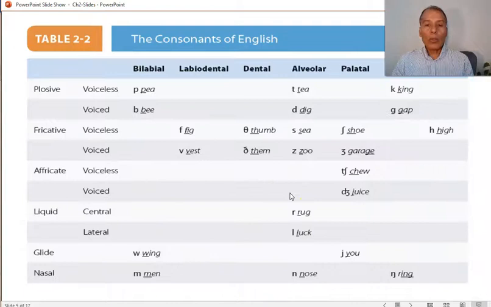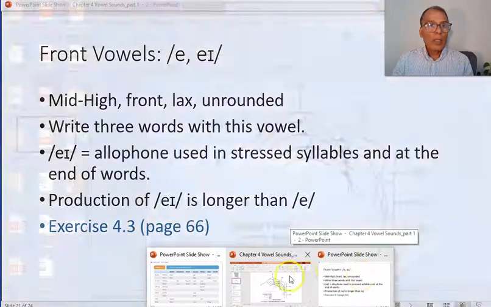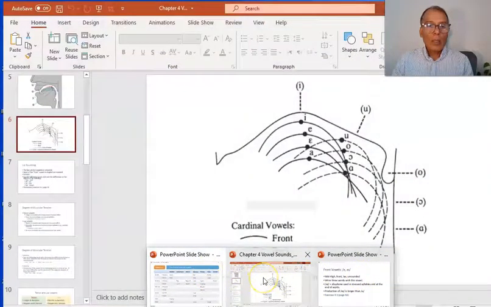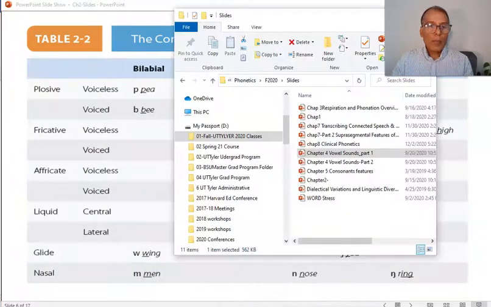So then we have the consonants. For consonants, I wanted to show you a different chart.